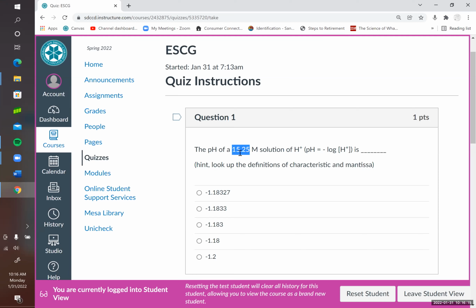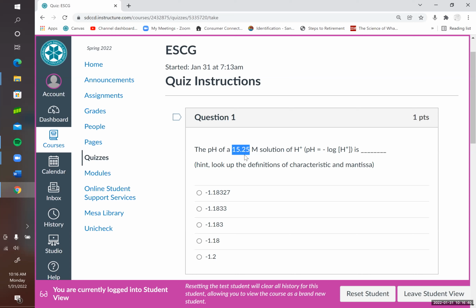So I just need to take the log of that and then negative. All right, so I got my calculator, and you guys probably have yours, so you should take it out, and it's good practice to do this. So I'm going to take out my calculator, and I have 15.25.